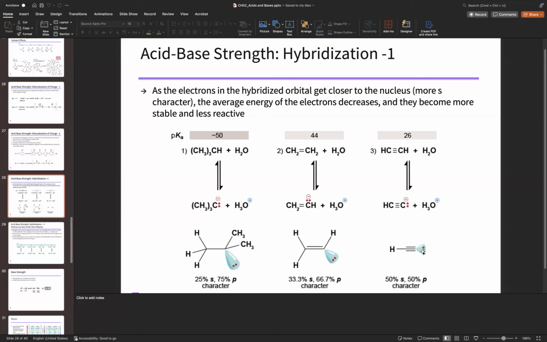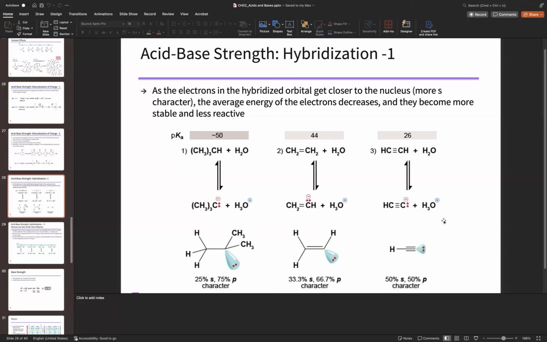So if they are in the S orbital, they are less reactive. If they are held more tightly, they are less available for reaction, thereby becoming more stable. Here you can see in the diagram how this orbital is smaller versus this one, and this is the largest. The farther away from the nucleus, the more available they are for bonding and reacting.